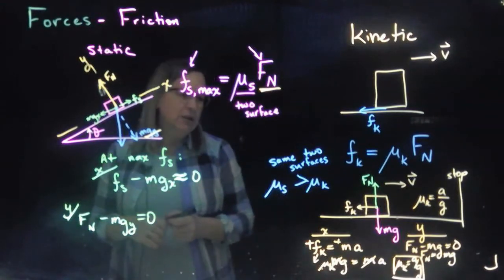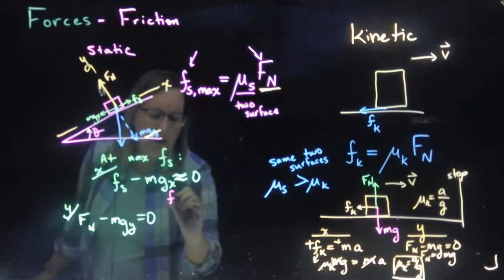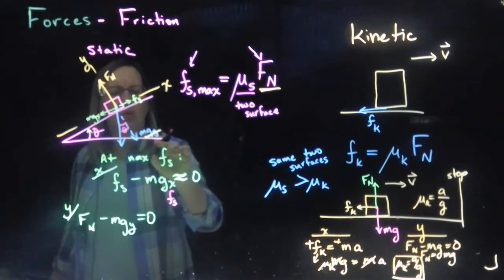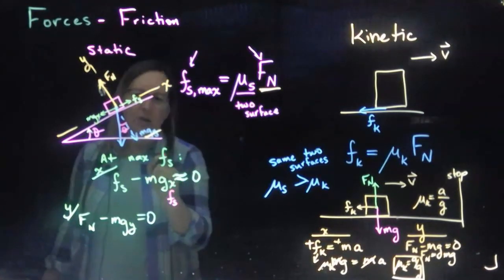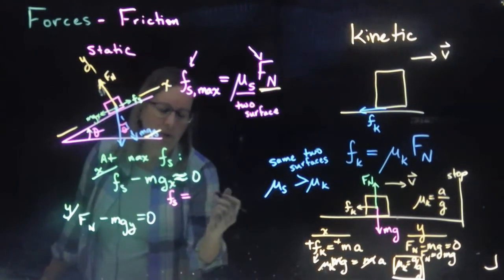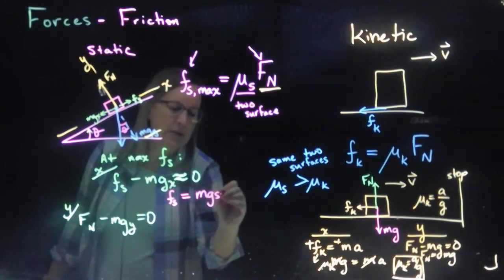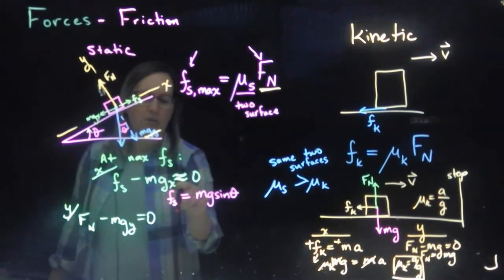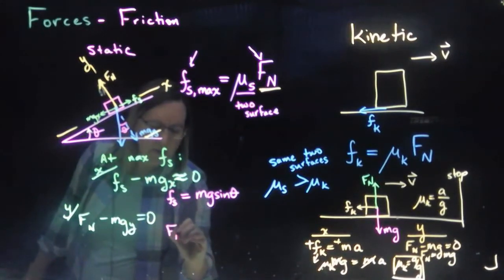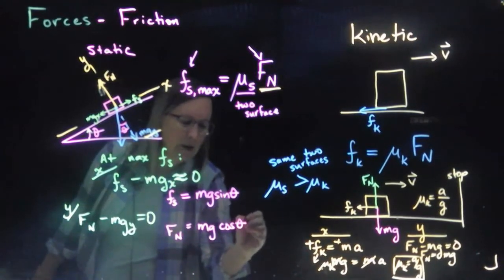And so using just a little bit of trig, this is theta, this is also theta, so the mgy is the adjacent one, so that's the cosine one. Mgx is the opposite, so that's the sine one. So this gives us f sub s, the maximum value, is equal to mg sine of theta, just substituting in for the x component as mg sine and moving it over. Same thing here, we have Fn is equal to mg cosine theta.